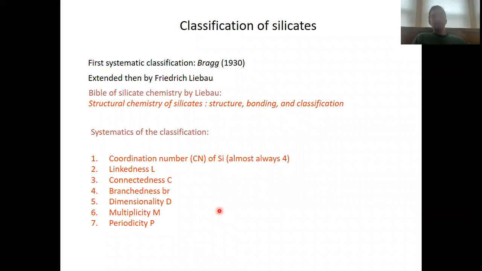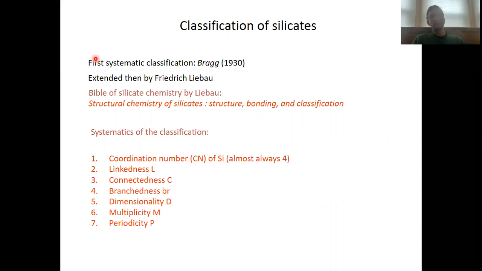Okay, so now we have learned that silicates show a great structural diversity. We have many different silicate structures. The question is, how can we classify them? Scientists have thought about this since pretty early on.